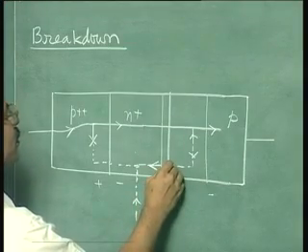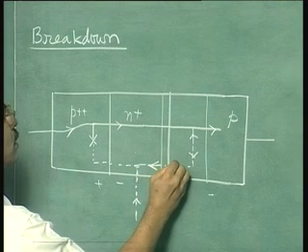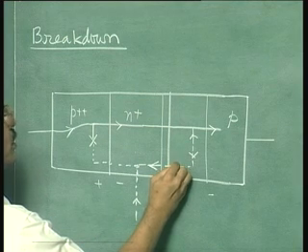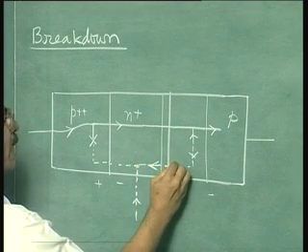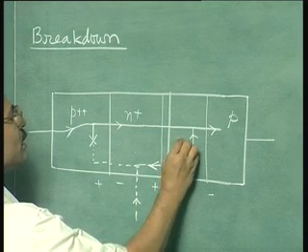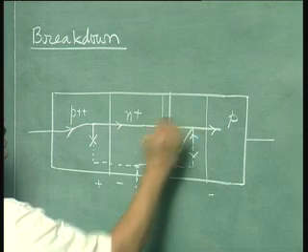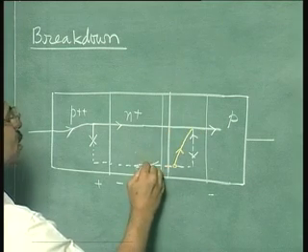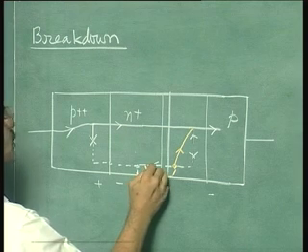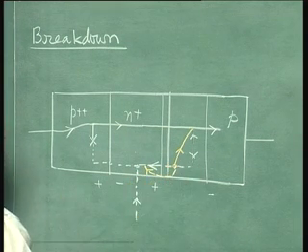This current, when it moves through the depletion layer, gets multiplied. Multiplied means electron hole pairs are generated. So the holes which are generated will move up and join these holes, whereas electrons which are generated will cross, something like this. So this is the additional current because of impact ionization.